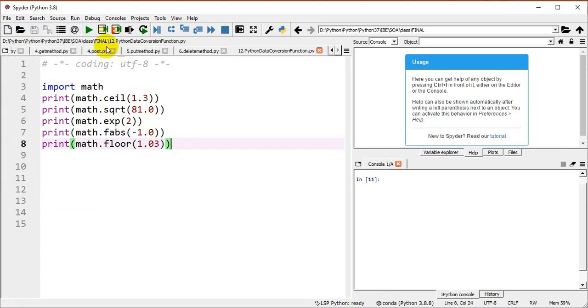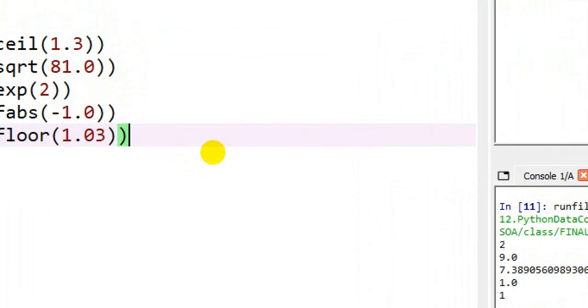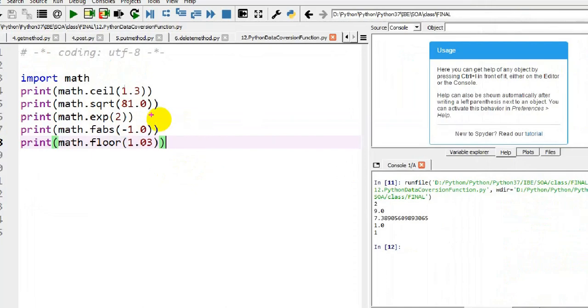Save the program, execute the program. First, see the output. Math.ceil of 1.3 gives the value 2. That means the smallest integer which is greater than 1.3 is 2. Next, the square root of 81 gives 9.0.